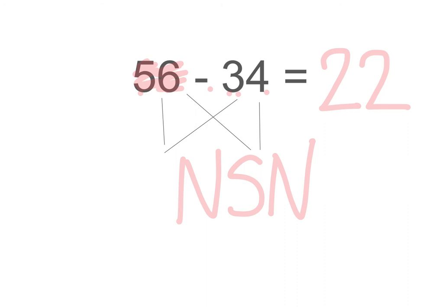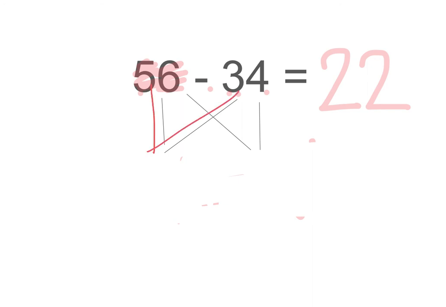Now, if you can't remember or you didn't notice that, then even if you showed your work, you'd have said 50 minus 30 is 20. 6 minus 4 is a positive 2. And you'd still get the right answer.